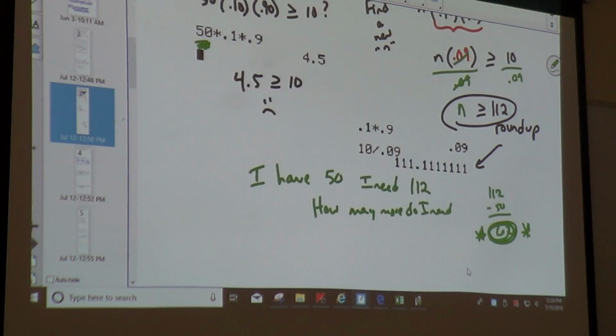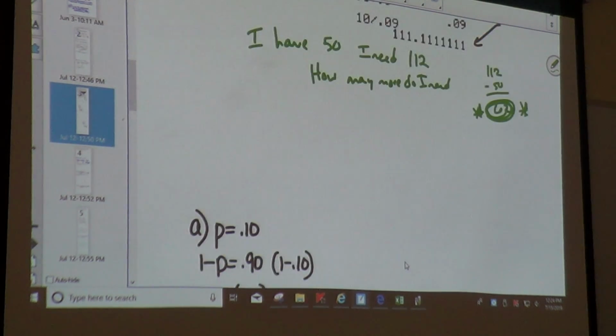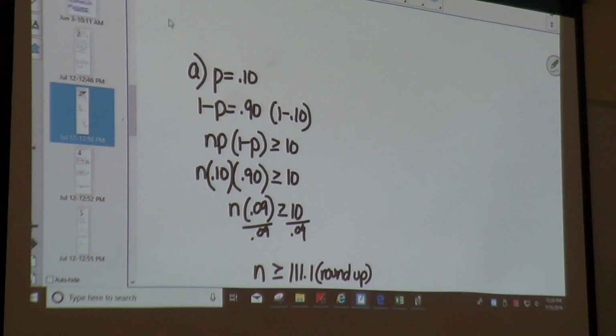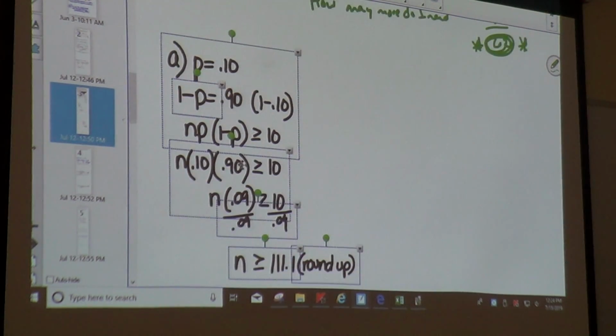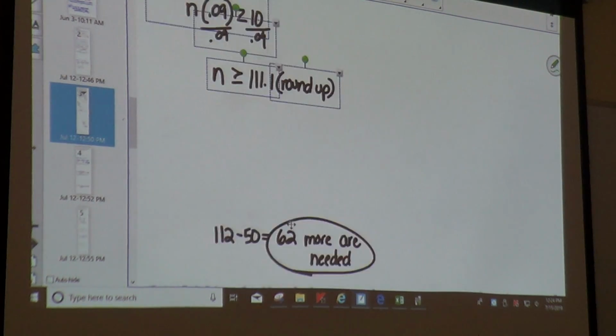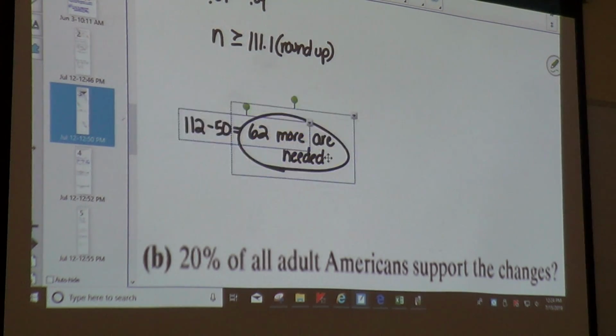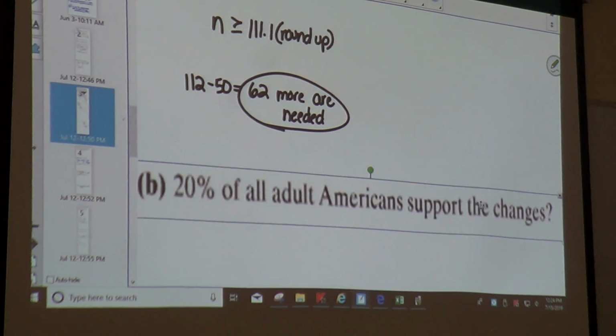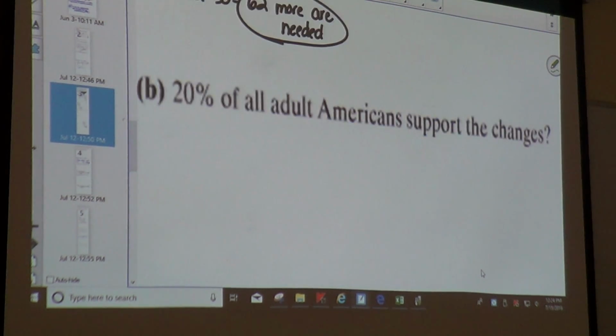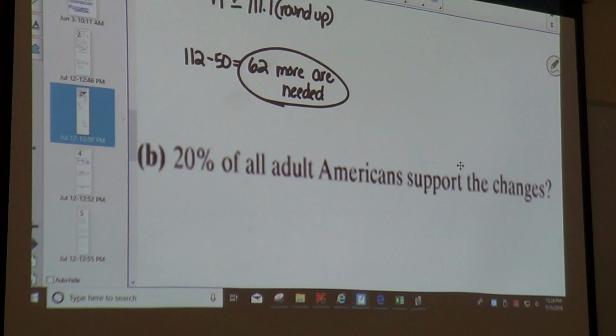Let me let you try one, because you are going to have one of these on your test. All right, this is where I worked it out and made it all pretty, and that's where I subtracted. 20% of Americans support the change.